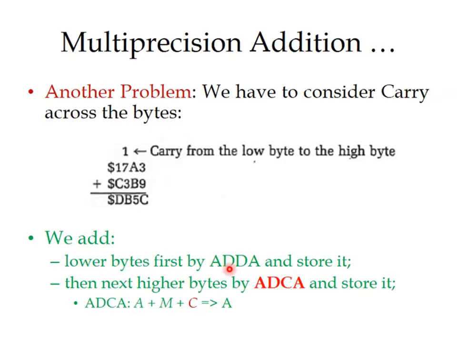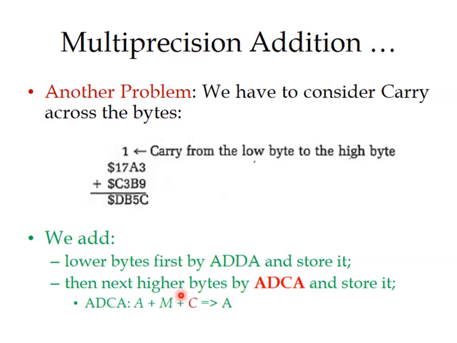Now, for the next higher byte, in the next step you will be dealing with the higher bytes, like 17 and C3. When you deal with those, instead of using ADDA, we use another instruction, a little different from ADDA. We have it at the first page of the instruction set, which is ADCA. What is the difference?